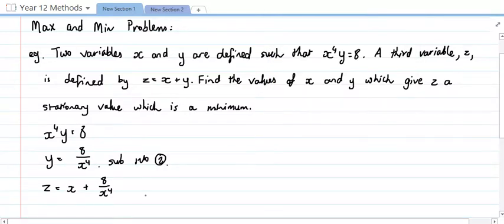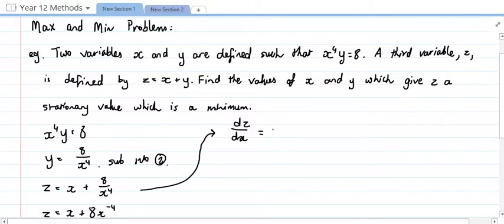So what I'll do next, continue this over here, I'm going to get dz dx. Before I do that, actually, I might rewrite this here as z equals x plus 8x to the minus 4, because that's just going to make it a bit easier to deal with.